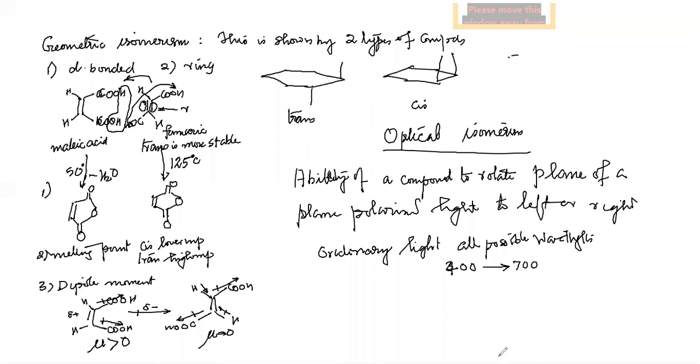If you take an ordinary bulb, it will give out all these wavelengths. And these waves will be moving in different planes.